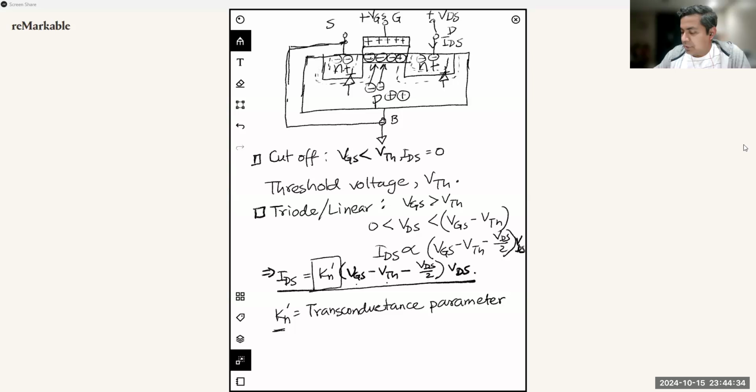And then once you keep increasing the drain to source voltage VDS, we will move on to the third region of operation.